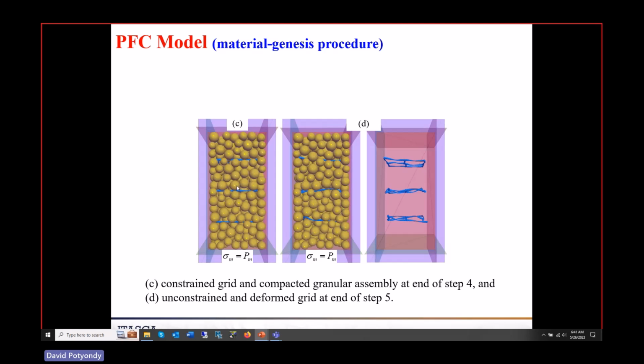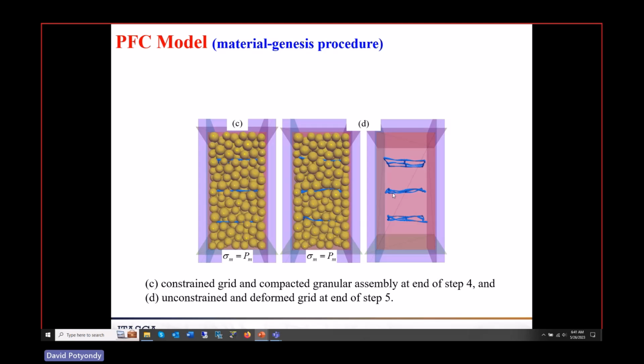And then you relax the constraint on the grid particles and you allow them to deform. And so now what you have is a locked in deformed set of things because I've basically applied some pressure on the aggregate and now you can see the deformed shape.